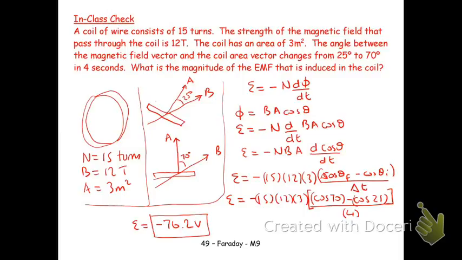Most common mistake on that is people will take the two angles away from each other and say the cosine of 70 minus 25 is the cosine of 45. And it's not, of course. It's the cosine minus the cosine, not the cosine of the difference in the angle. It's not the same thing. So watch out for that.